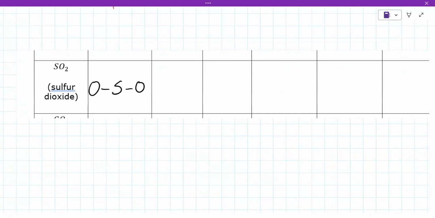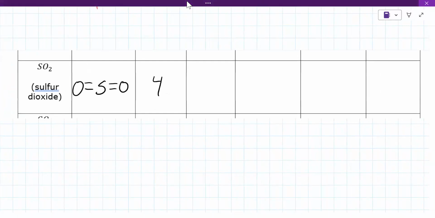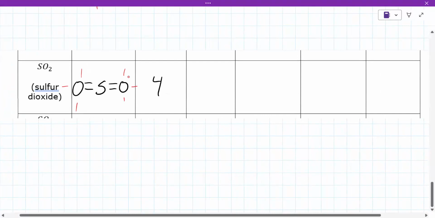So there are two there, which doesn't seem right. Let me check this one. Yeah, so this one's double bonded here, which makes 4. And then again, there's kind of these missing ones.